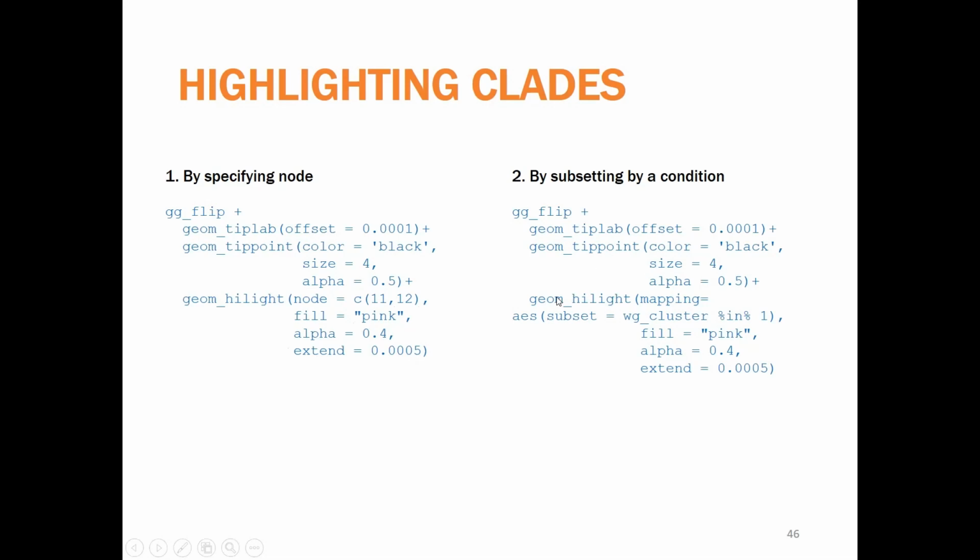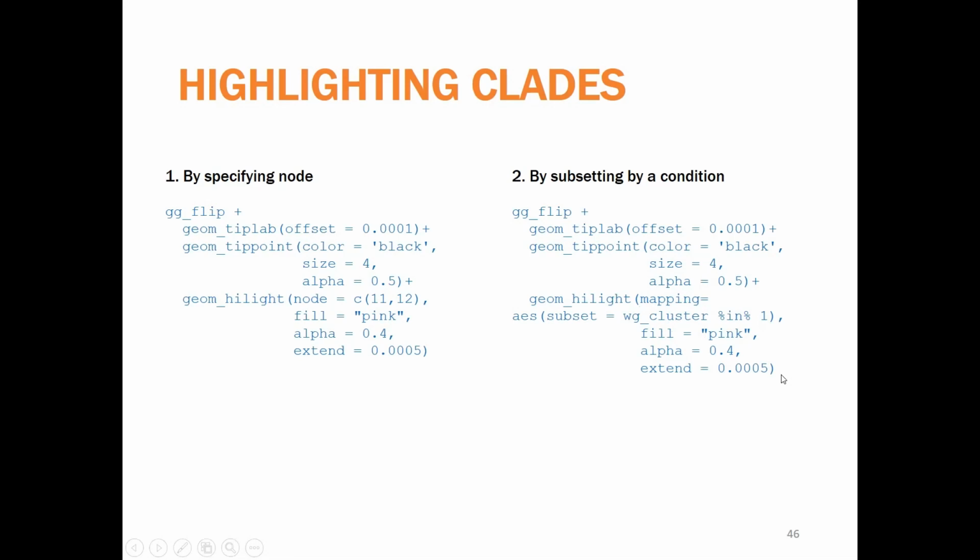So in this option, I did geom_highlight and I mapped it to a certain aesthetic and I subsetted it based on, in our metadata, there's a column that's whole genome cluster. And I said subset and highlight whole genome cluster that is 1. So cluster 1, we're going to highlight as pink, and then everything else was the same.